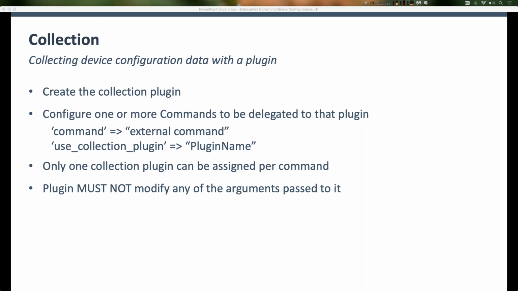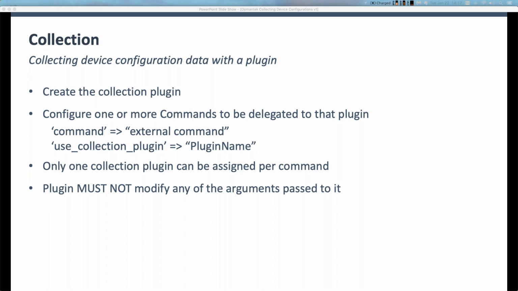In the commands delegation inside opConfig, rather than giving it a command to execute, so for example, rather than having a command like ps -ef, I would use the term external command for the command itself, and then I would say use collection plugin name, and I'd give it the plugin name. Notice that the plugin name does not have the decimal or the extension to it, so I don't need .pm here at all.